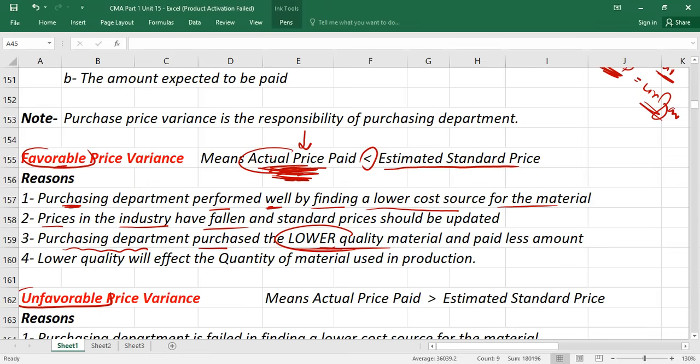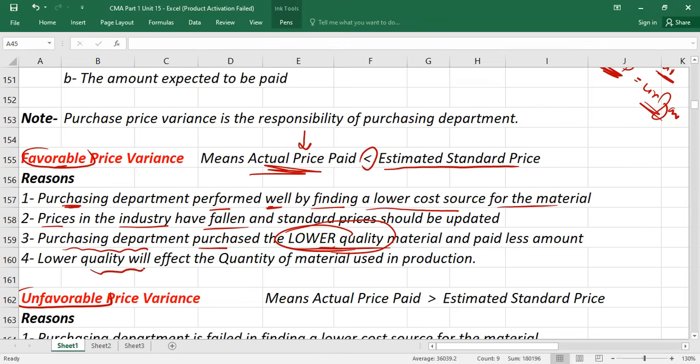This is really important. When your purchasing department buys lower quality material, obviously your actual price would be less, you are paying less. But look at the fact. What is the effect of low quality material?